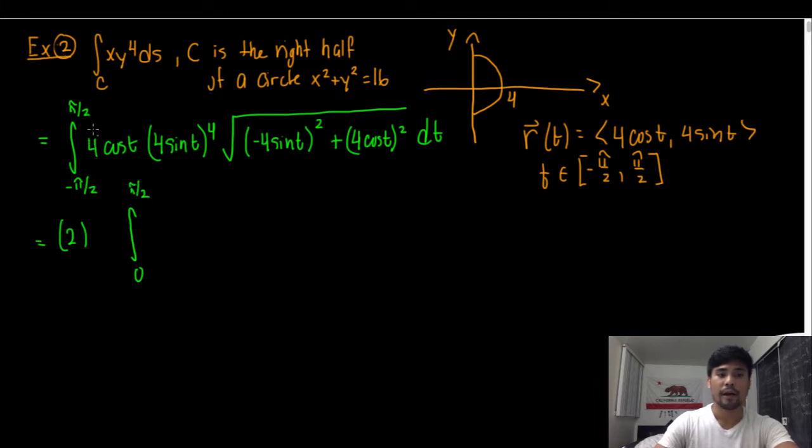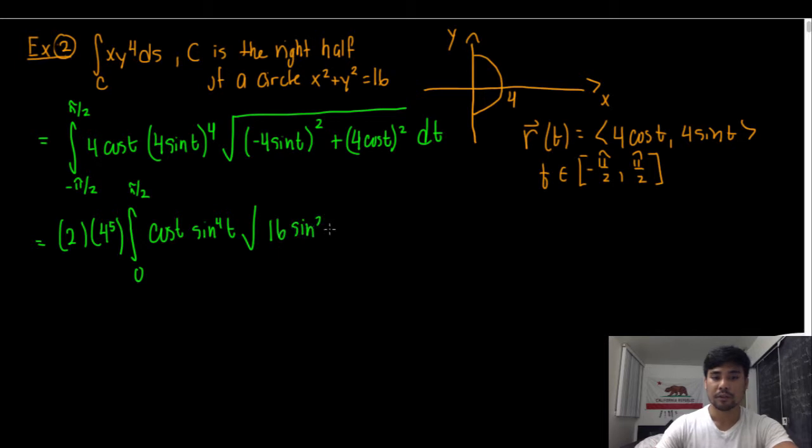Okay. We have 4 times 4 to the 4th, which is 4 to the 5th. Times cosine t sine to the 4th t. Those are multiplied together. Times, okay, we have a 16 sine squared plus a 16 cosine squared dt.